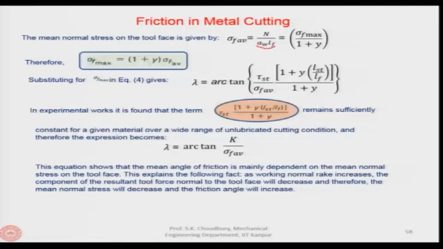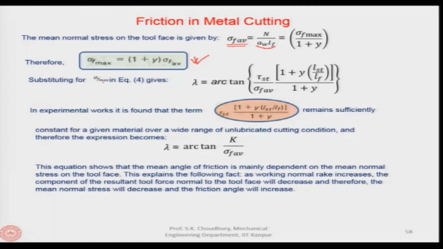So, that area we can find out by AW into LF. So, if you divide N by AW and the LF, you will be getting the sigma F max divided by 1 plus y. Now, sigma F max, therefore, we can find out by multiplying sigma F average into 1 plus y. Okay. This is the expression, therefore, we are getting for the sigma F maximum finally.